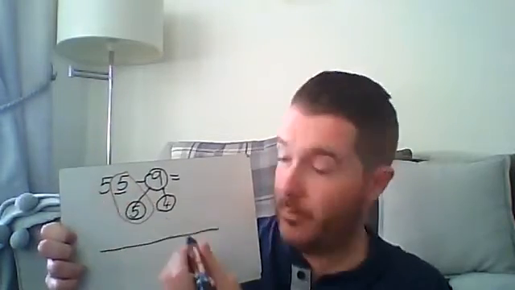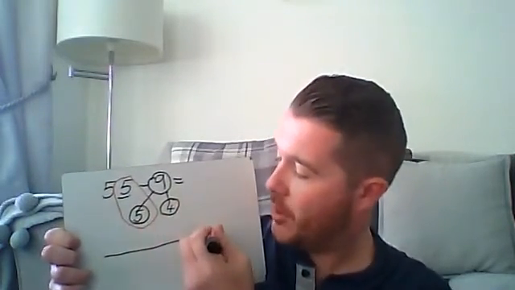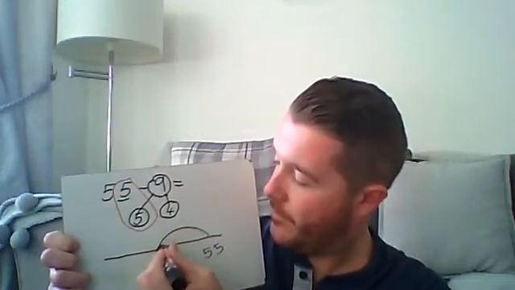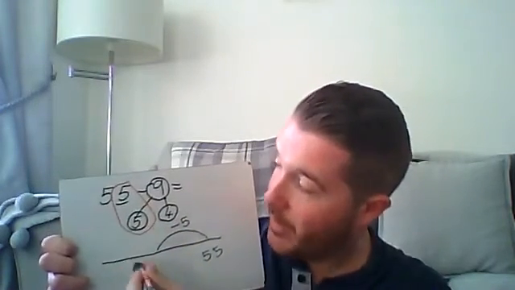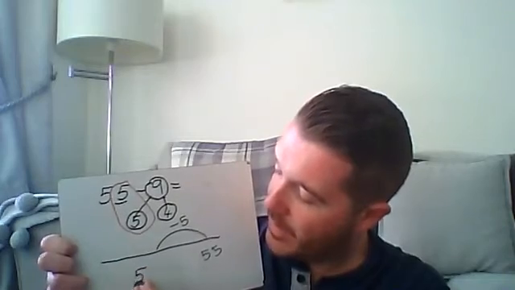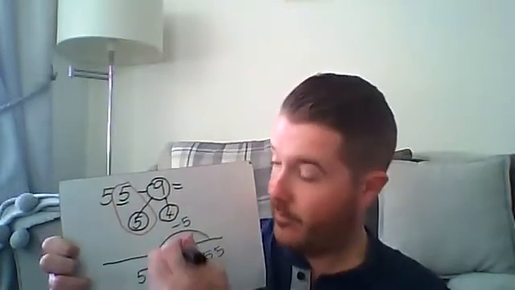Start with my whole number, 55. My first one is going to be my jump backwards of 5, which I know cancels it out. So I'm not going to have any ones left, but I'm still going to have 5 tens. So I'm going to have 50. Then I need to do my jump of 4.